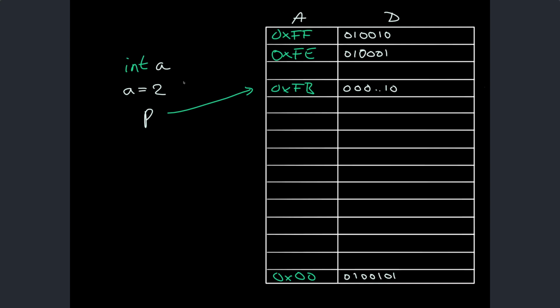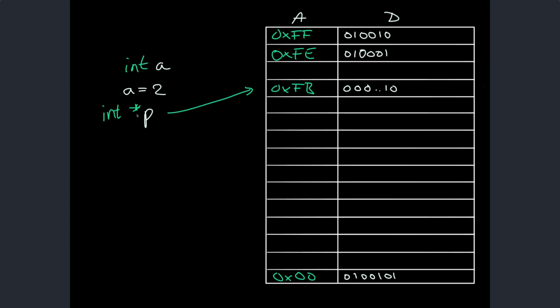Since we are pointing at integer A, we might say this is an integer pointer. The way we would declare that in a language like C is we would say int *P. So if we declare this in C, we're saying P is not just a pointer, it's a pointer to an integer, a binary representation of an integer in this memory.